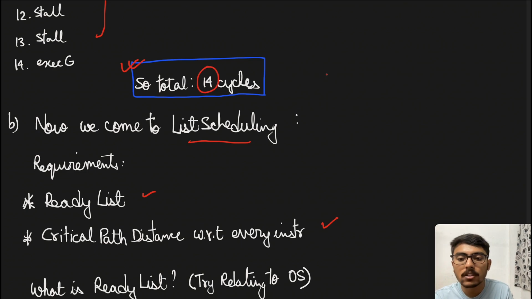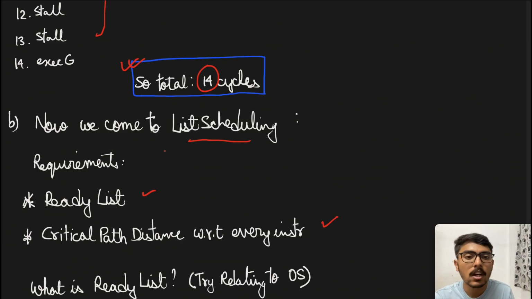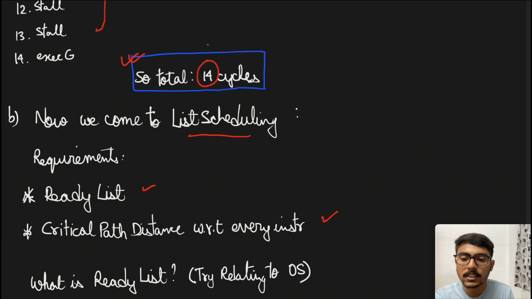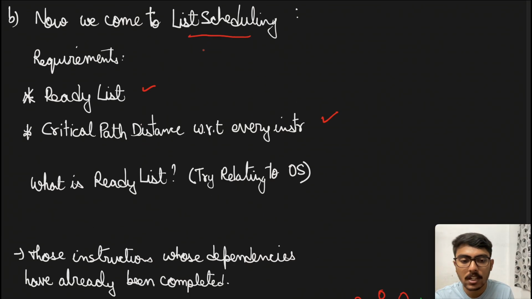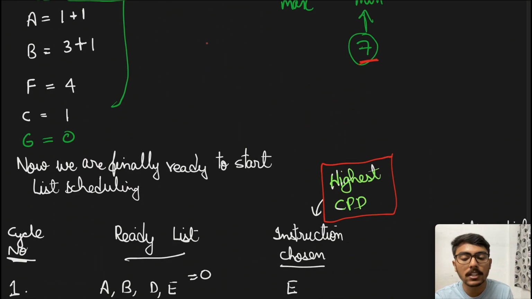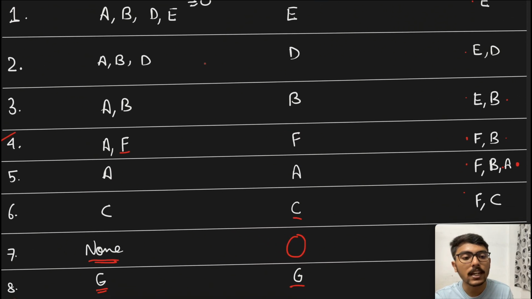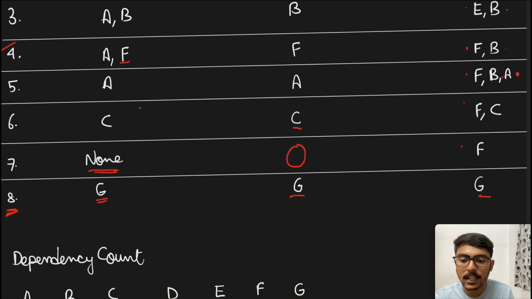So it almost reduced to half, I guess, if not less. 14 cycles was in the original order of instructions, but with the list scheduling approach, we can execute this in only 8 cycles.